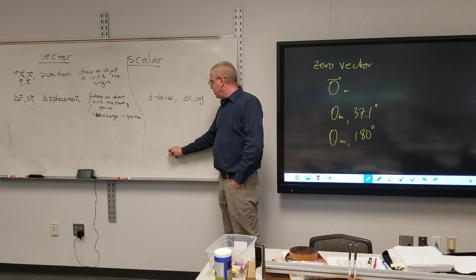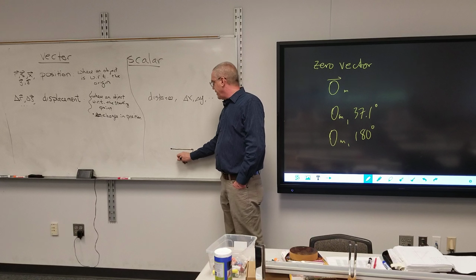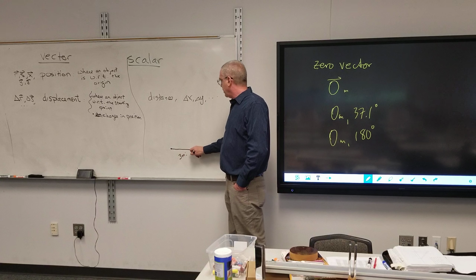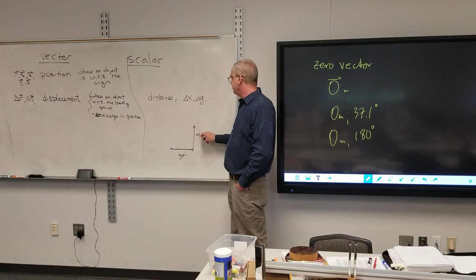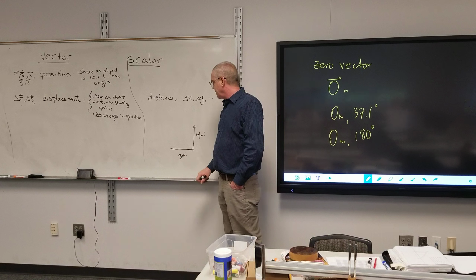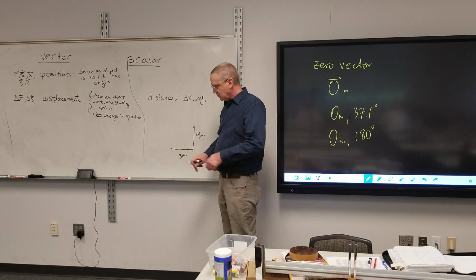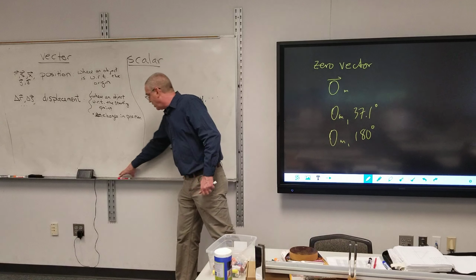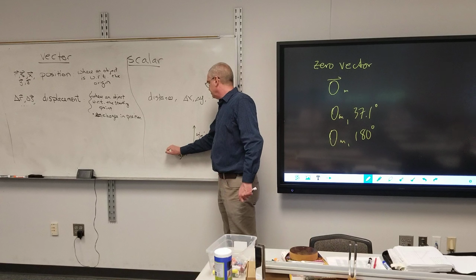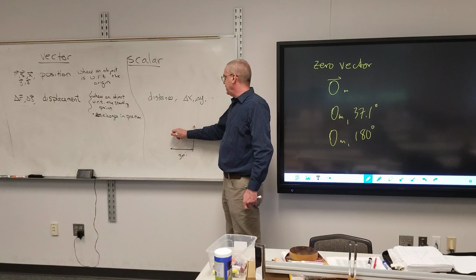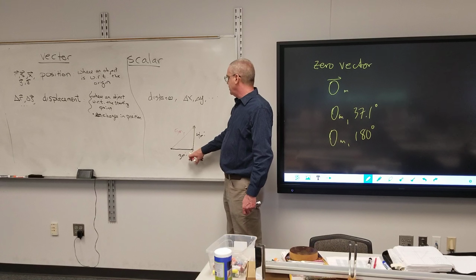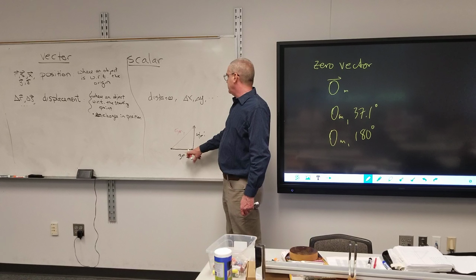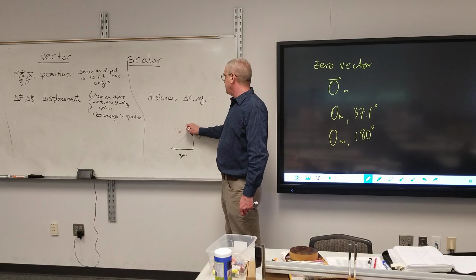So if I start here at home, I go 3 miles to the right. I go 3 miles east, 4 miles north. My displacement, so where am I relative to where I started? My displacement is 5 miles, and assuming east is 0 degrees, 5 miles, 53 degrees.